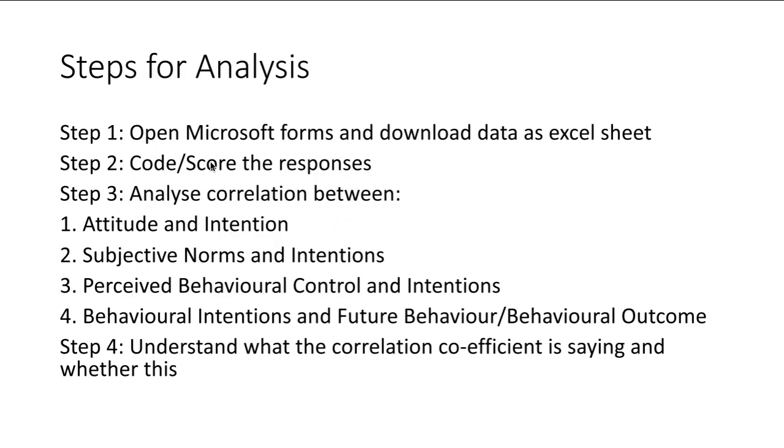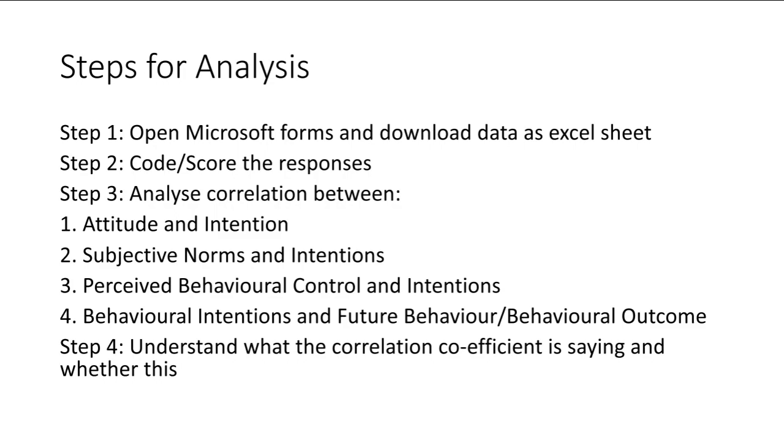After you have coded, you will analyze the correlation between attitude and intention, subjective norms and intention, perceived behavioral control and intentions, and finally, behavioral intentions and future behavior or behavioral outcome. Okay, so you will have to find 4 different correlations basically, and you have to check whether these are positive and significant correlations.